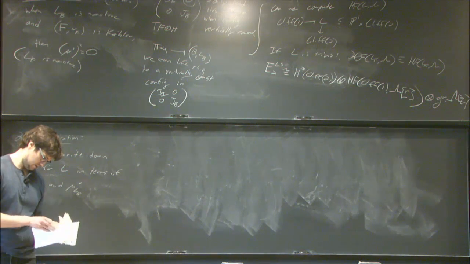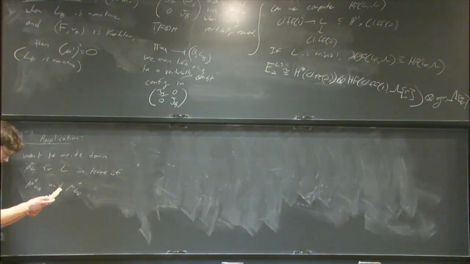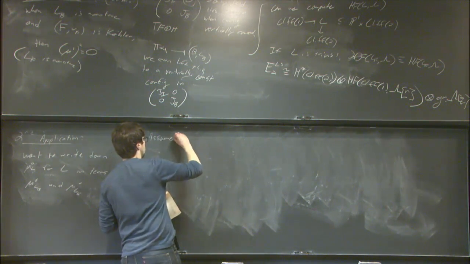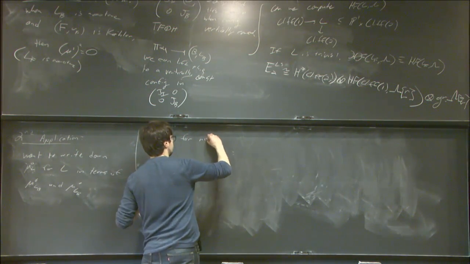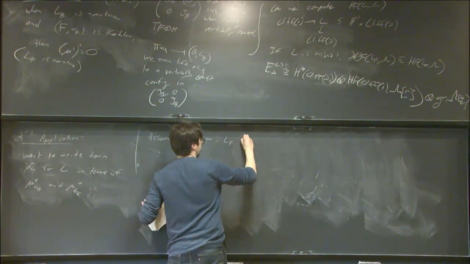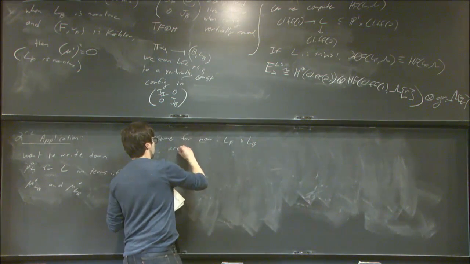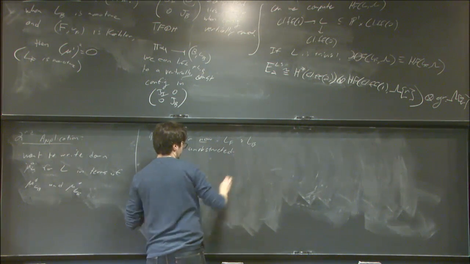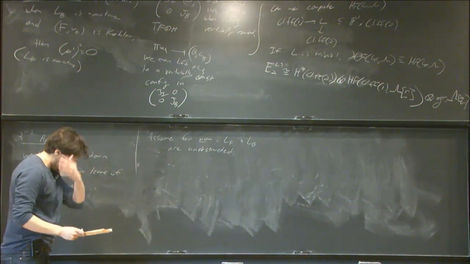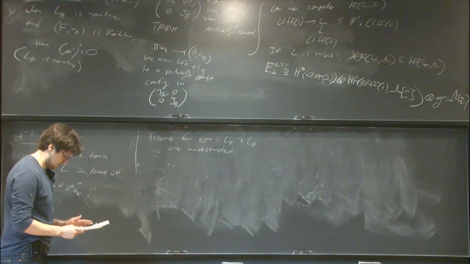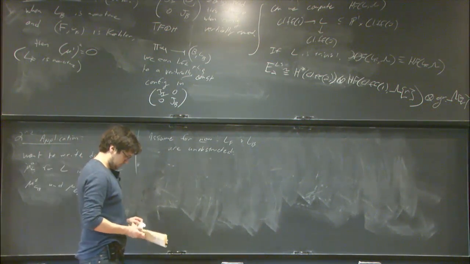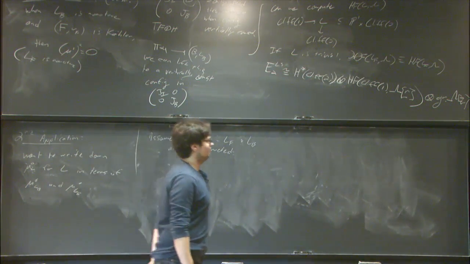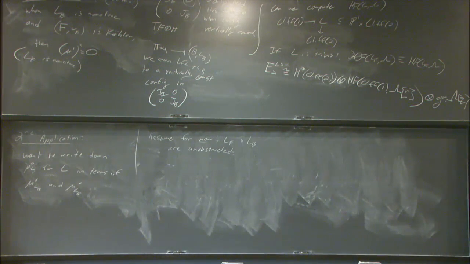Let's see. Okay, so again, let's just assume for now LF and LB are unobstructed, or maybe weakly unobstructed. Okay, so at any rate, we'll just go with that for now. Right, and then you can say, I keep erasing things.